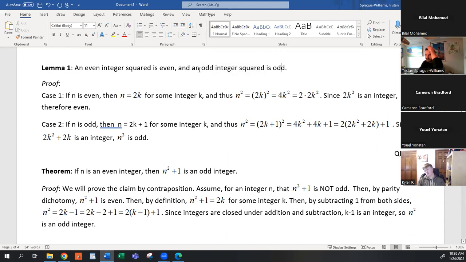we don't actually want to be able to say, since this says basically if n is odd, then n squared is odd, right? We actually want to go the other way around.